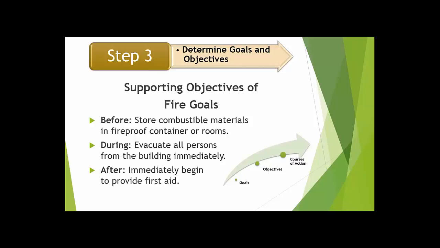If your goal after an event is to provide medical care for people injured, then your objectives might be to notify fire officials and EMS personnel via 911 and begin to provide that basic first aid for anyone who may be injured. The more specific the planning team can be as they define the objectives, the more likely the staff will be able to follow them.